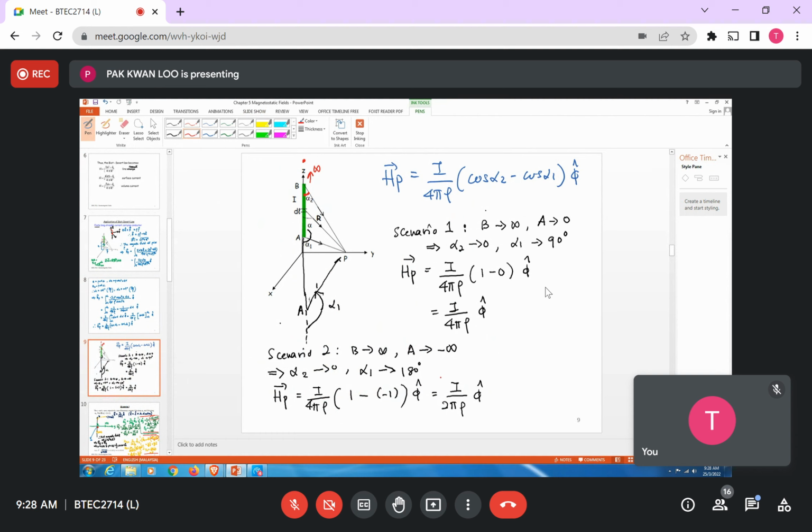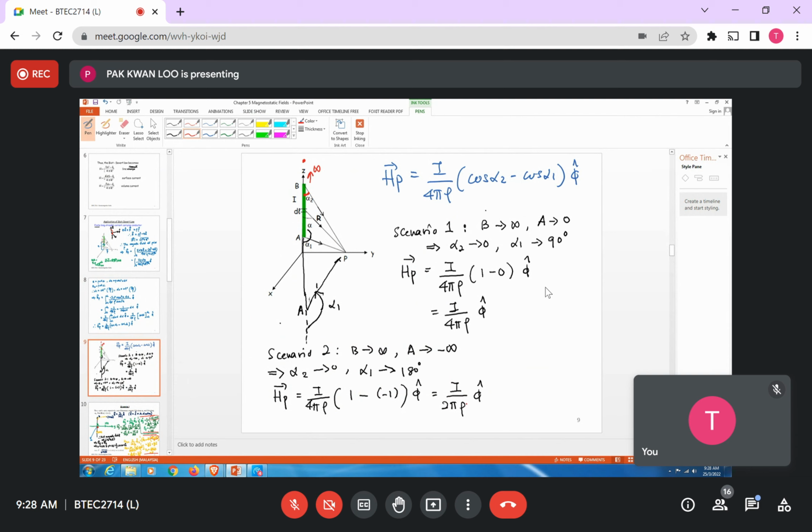As I demonstrated yesterday, as B tends to infinity and A tends to negative infinity, the magnetic field reduces to the current I divided by 2 pi rho.